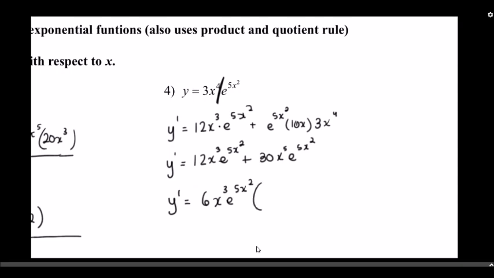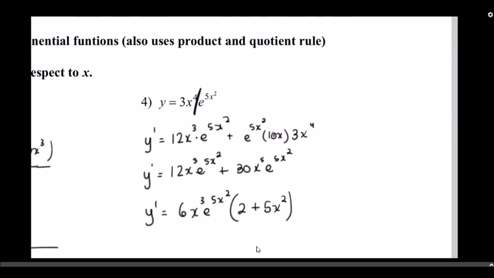That's going to leave a 2 plus 5x squared. Honestly, I'd be okay with either one of these two forms here.